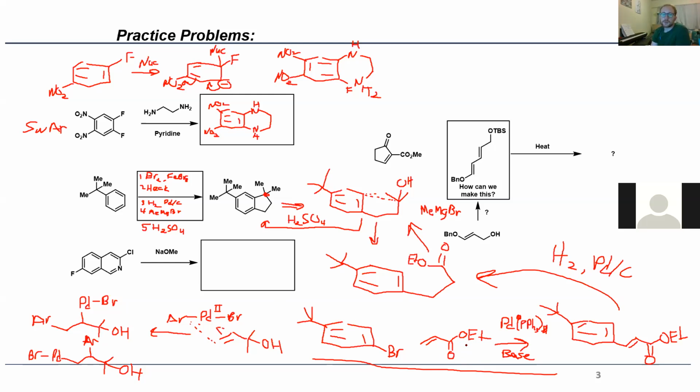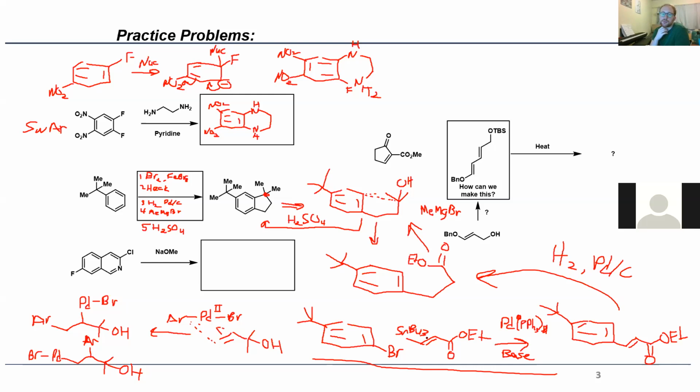Any other questions? Well, if we use another coupling reaction? Yeah, I think there's a bunch of coupling reactions that you could use here. If you put a tin on the end of this, does anyone recall what coupling reaction that is? Stille.